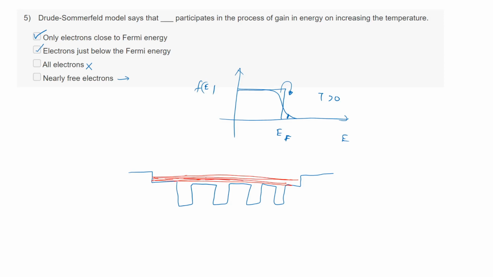Okay, nearly free electrons, this is your EF. So now this EF, so electrons here, what are they? They are your nearly free electrons. So that is why nearly free electrons is also a correct answer.